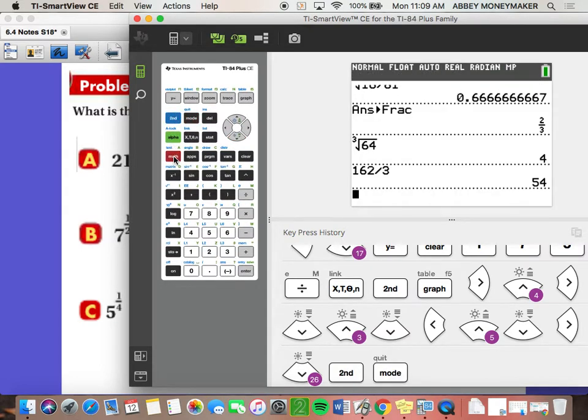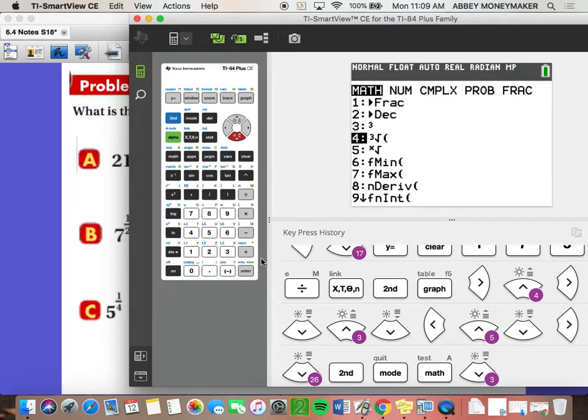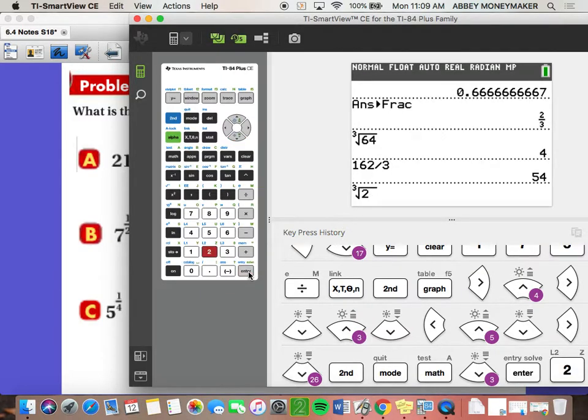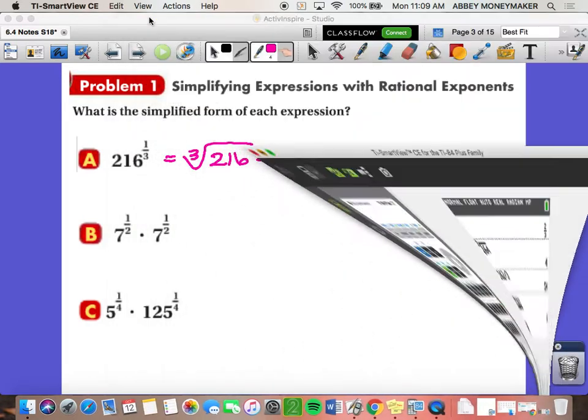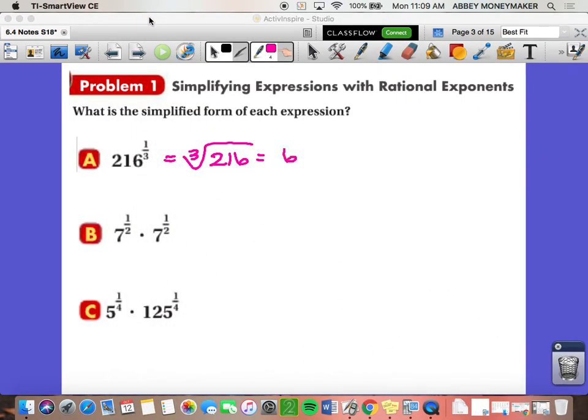The cube root of 216 is 6. So that whole expression would simplify to 6. Same thing here. We have 7 to the 1/2 power times 7 to the 1/2 power. That's the square root of 7 times the square root of 7, which equals the square root of 49, which is, in fact, 7.